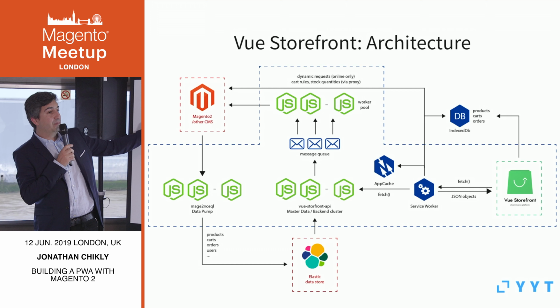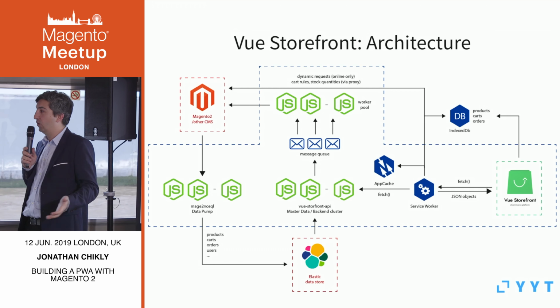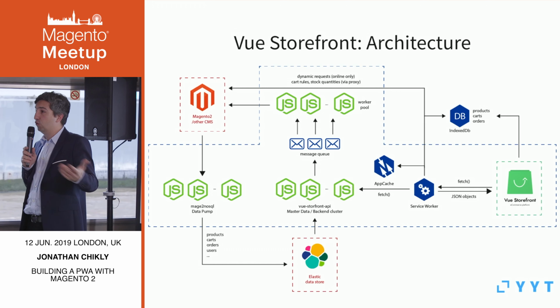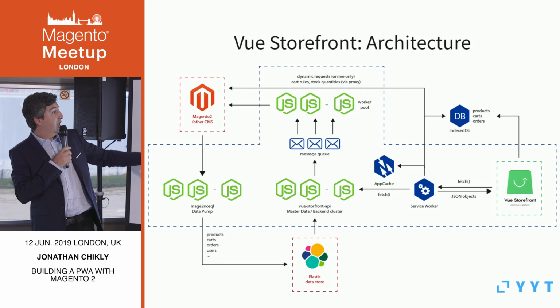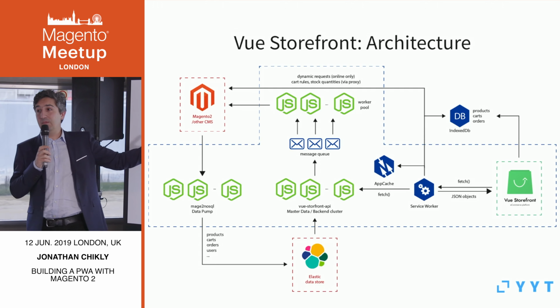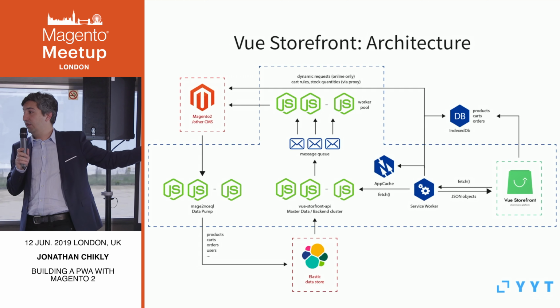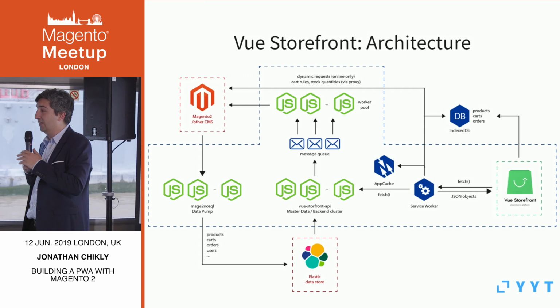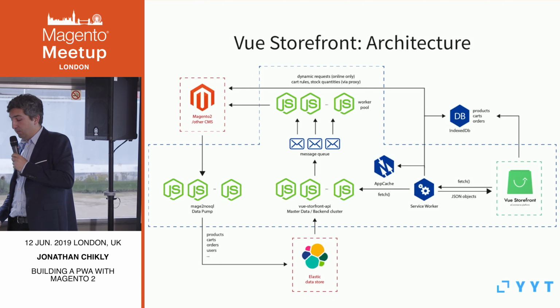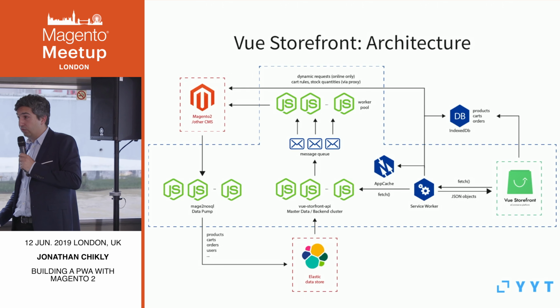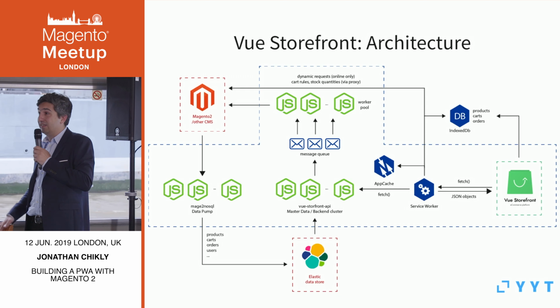So here in this case it's Magento 2, but it could be Magento 1, it could be Shopify. Let's say you set up a ViewStorefront instance, you could easily switch your e-commerce backend with that architecture.